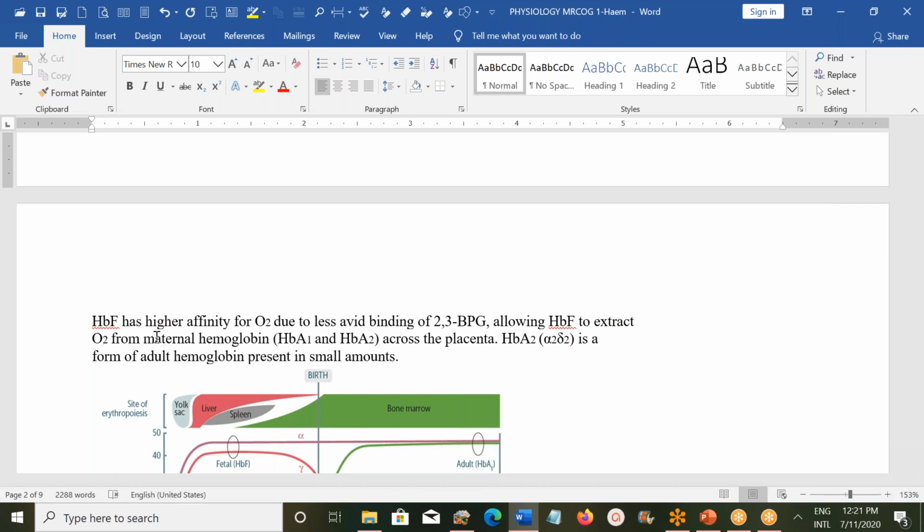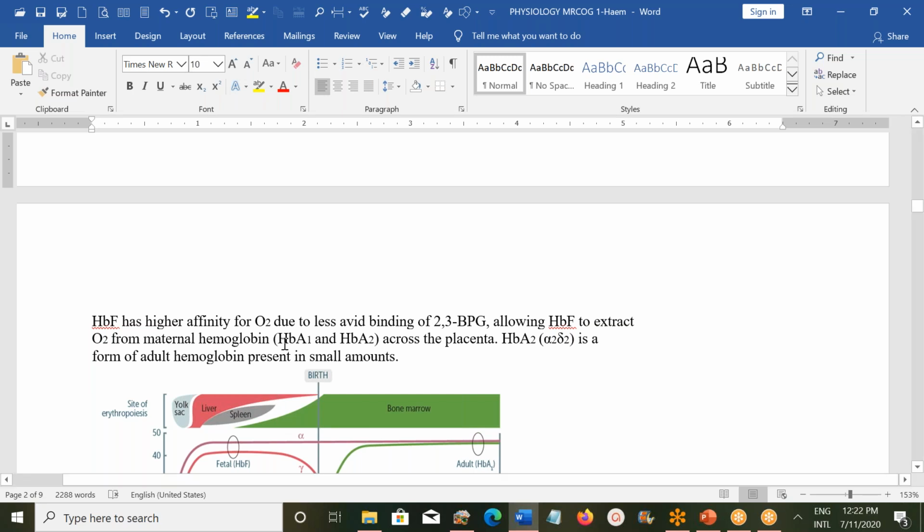It has high affinity for oxygen due to less avid binding of 2,3-bisphosphoglycerate, so it is not bound very tightly. What will happen? Fetal hemoglobin will be allowed to extract oxygen from the maternal hemoglobin, which can be hemoglobin A1 and hemoglobin A2, across the placenta.